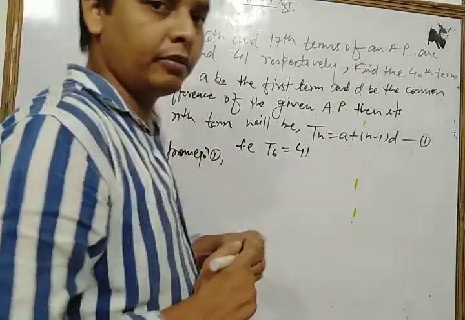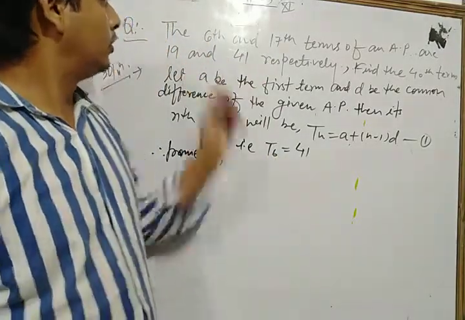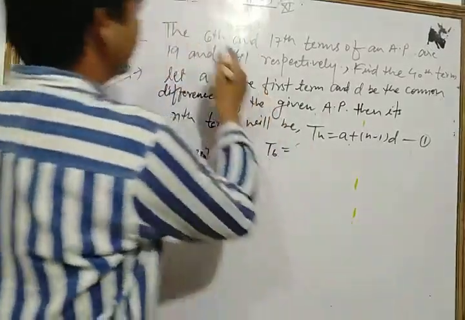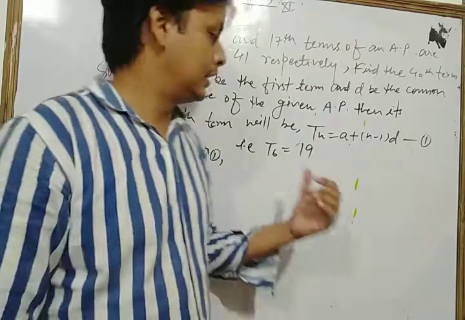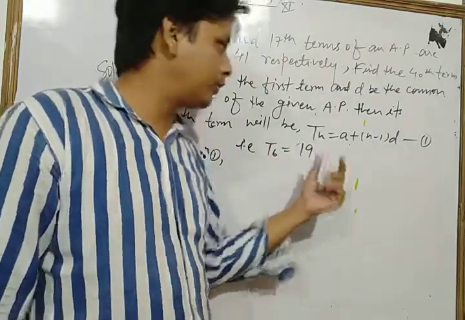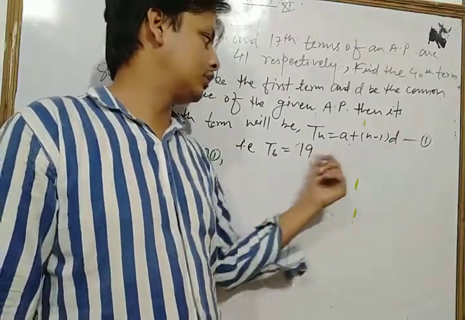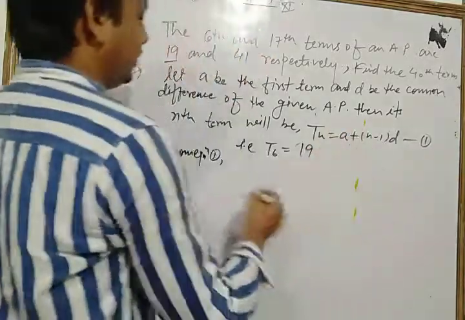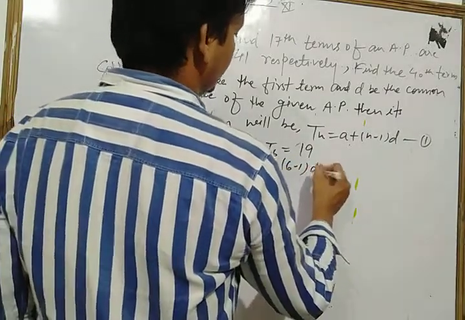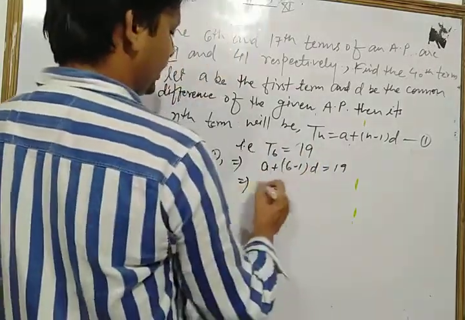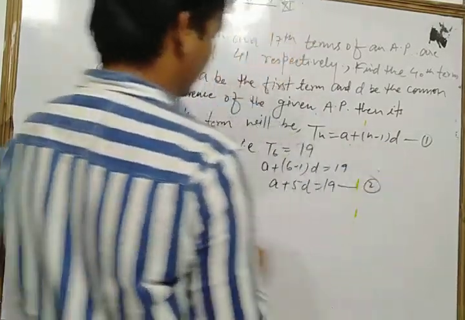From equation 1 we get A plus 6 minus 1 into D is equal to 19. So we have A plus 5D is equal to 19. Take equation number 2.